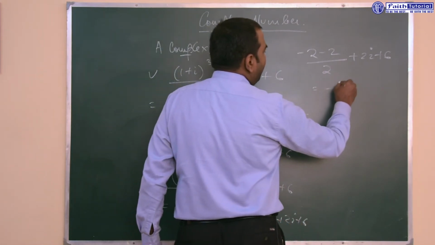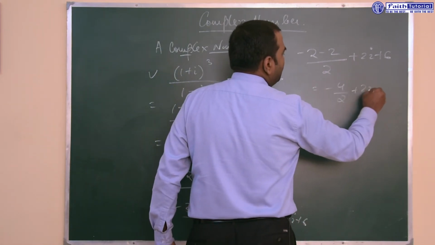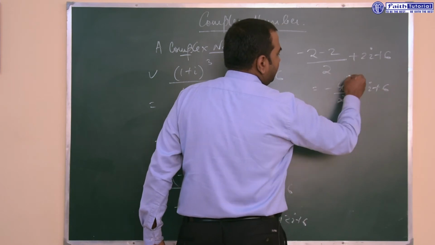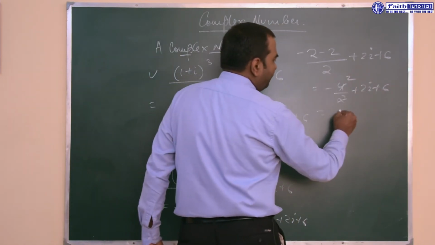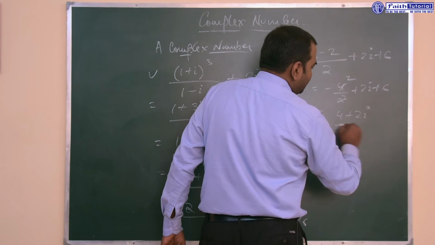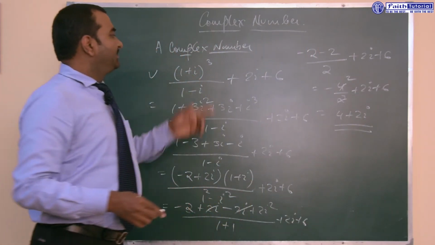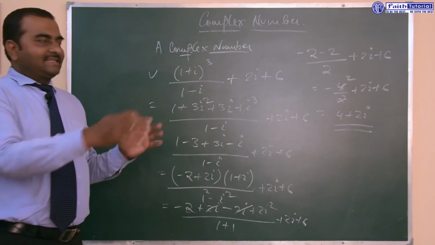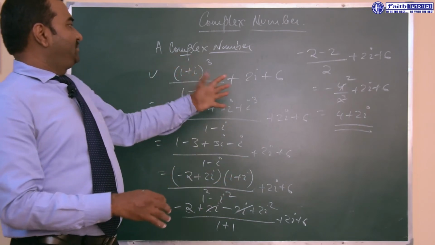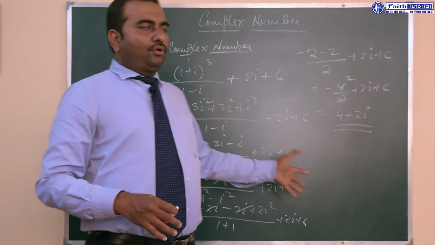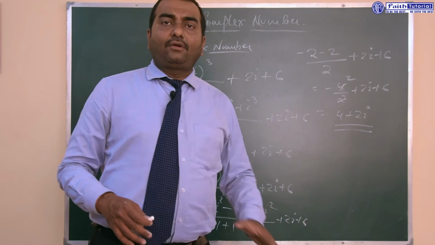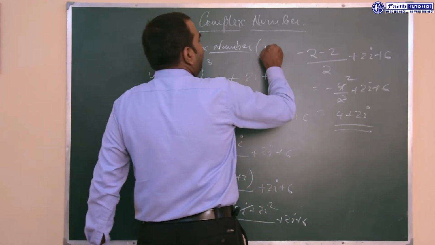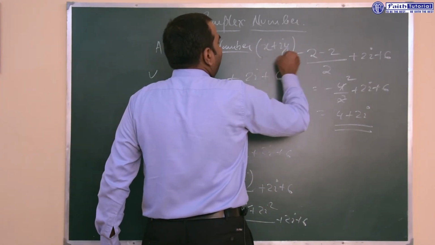So that becomes minus 4 by 2 plus 2i plus 6. So that is 4 plus 2i. So that is the standard value of this particular complex number. So as I have been telling, these are the different ways through which we actually express a given complex number in the form of x plus iy.